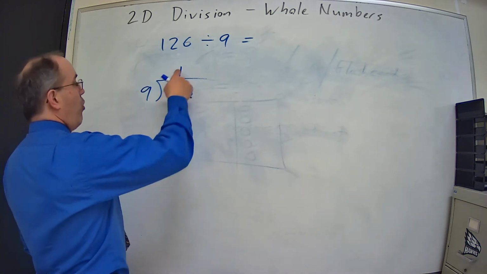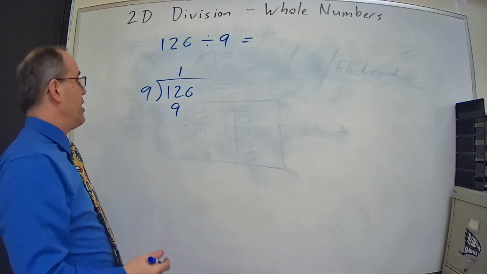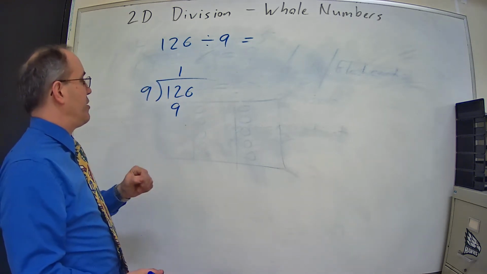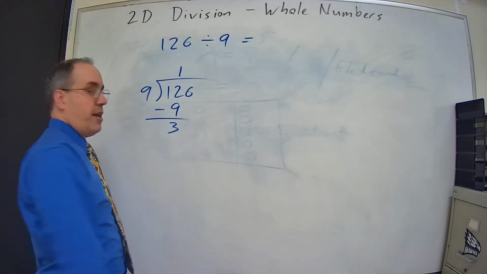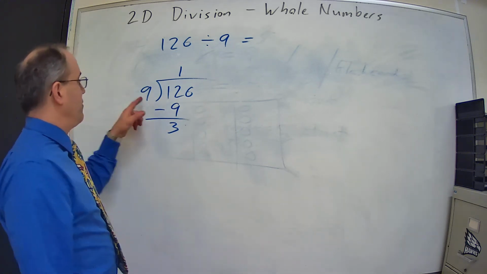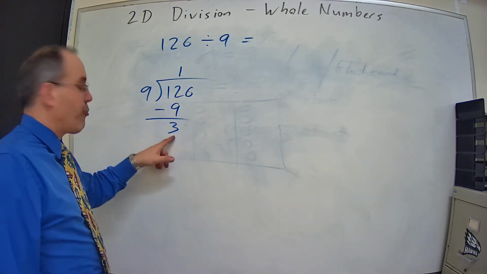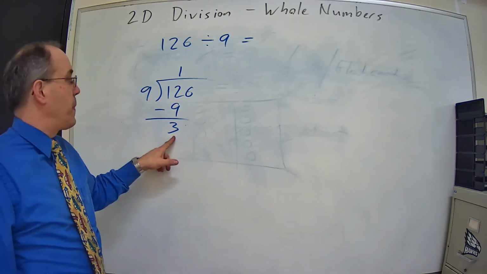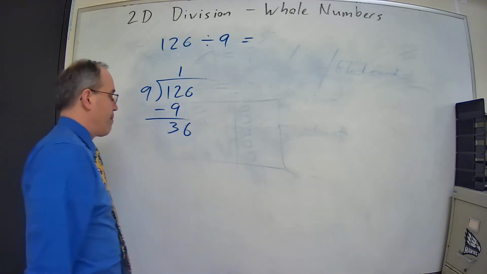So then I go 1 times 9 is 9. Right? I'm taking 1 nine out of it. So 12 minus 9 gives me 3. So I divided 9 into 12. It went in one time, leaving me 3 left over. And then I'm going to bring down this next digit, 6.